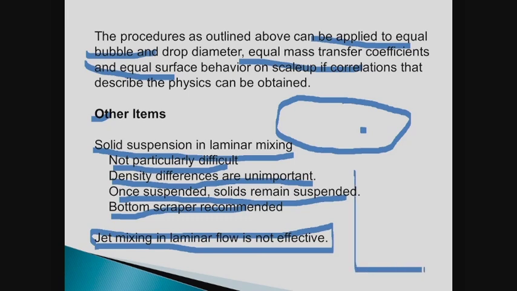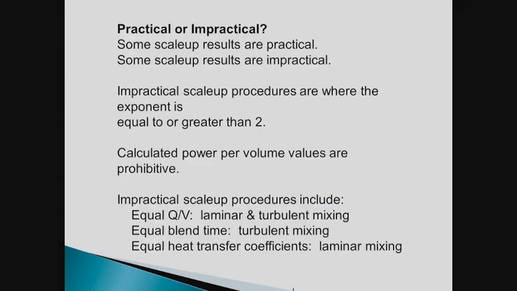Remember the video I showed you by G.I. Taylor? The jet comes in and piles up. Right. No mixing. As opposed to a turbulent jet that spreads out really everywhere, right? So jet mixing is not effective in laminar flow situations. Surprise, surprise. Changes things.